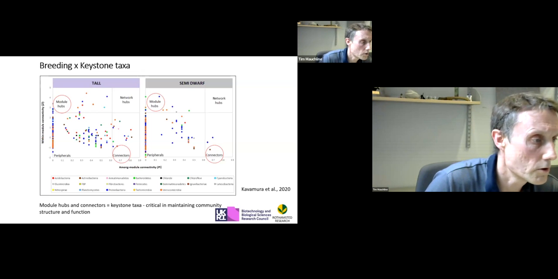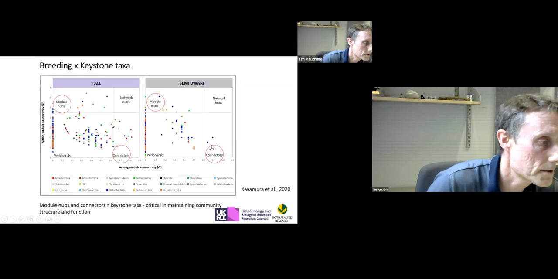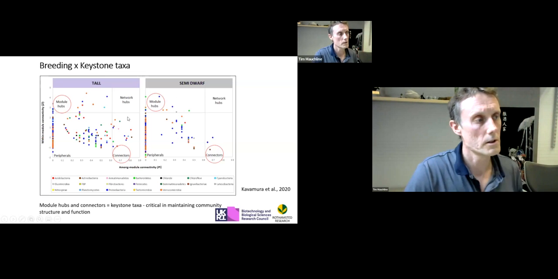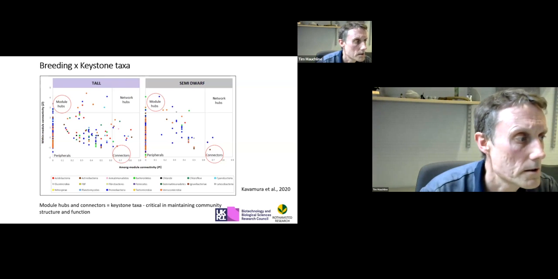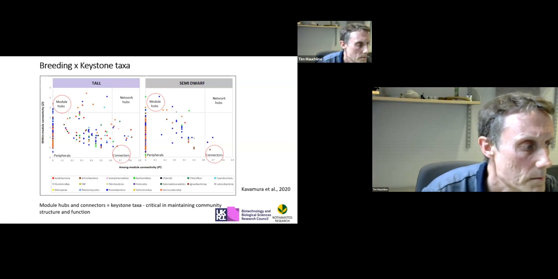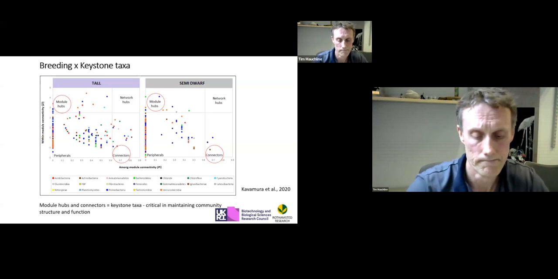Whereas if we look at the semi-dwarf, they have a small amount of module hubs here and connectors. So even though the tall cultivars seem to have a lower species richness and a lower diversity than the semi-dwarf cultivars, they actually seem to be a better connected microbiome.